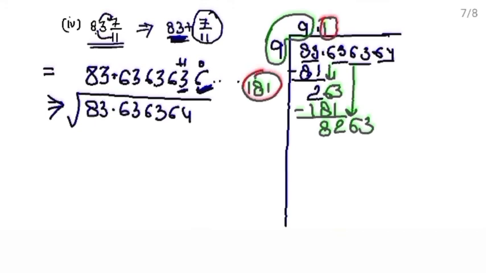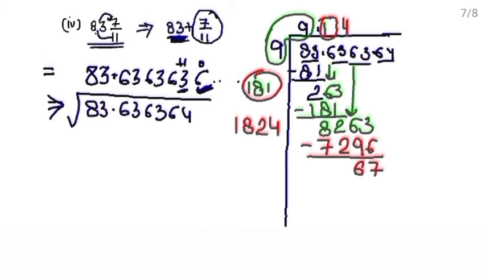Add these two. 181 plus 1 is 182. Multiply it by 4. 7296. Subtract it. When you subtract, 13 minus 6, 7. 15 minus 9, 6. 11 minus 2, 9. Copy down the next pair, 64.